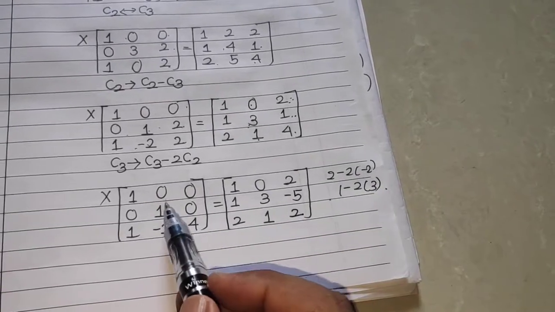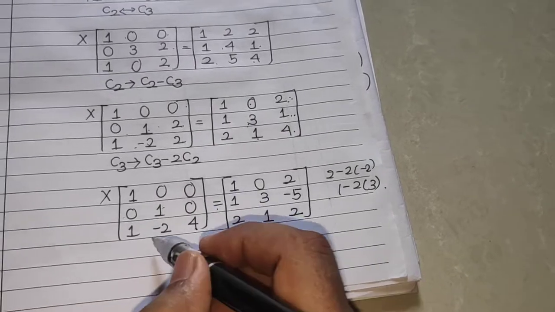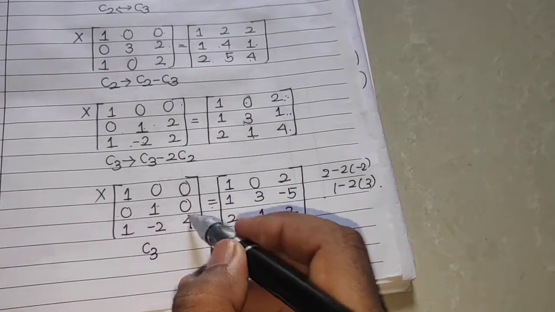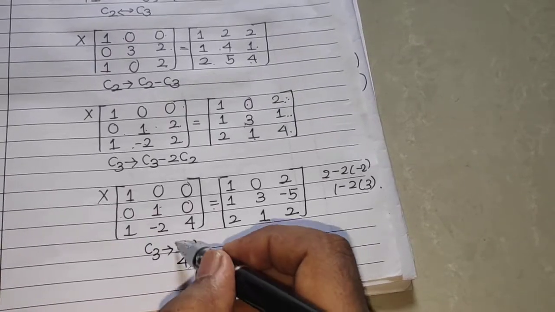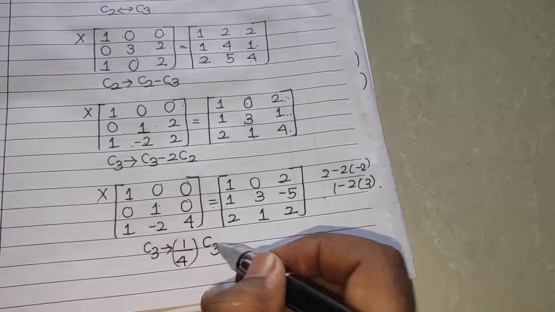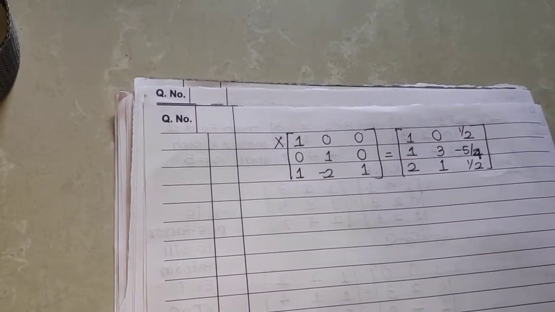Now with respect to 1 this 2 is 0, now we'll make this 1. How can we make the 1? Very simple, these two are 0, which is an advantage. Column 3 change to 1 upon 4 times column 3. So we perform the operation column 3 changes as column 3 into 1 by 4, and that's what we got. Now we are in the final patch of the question.